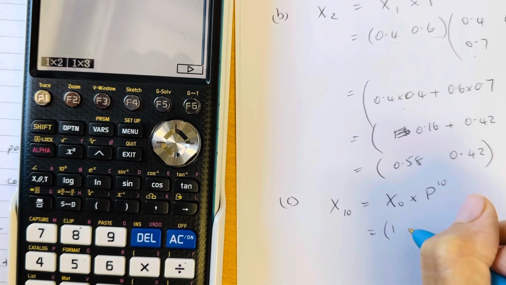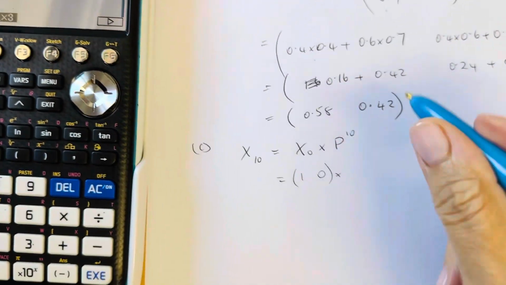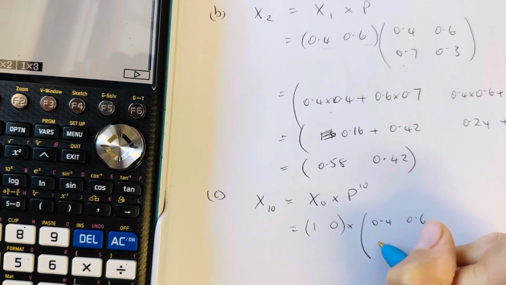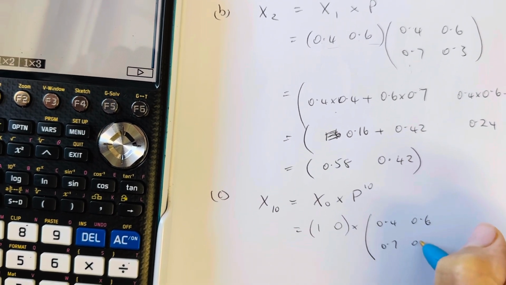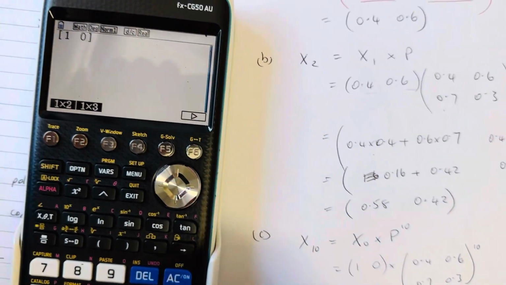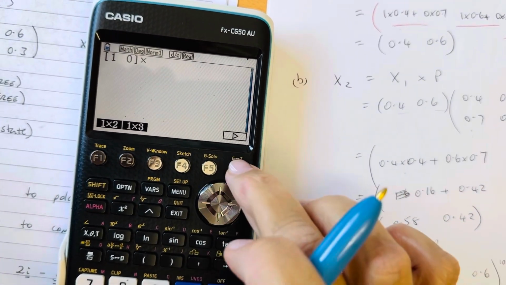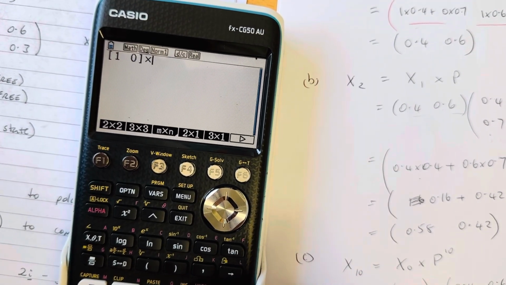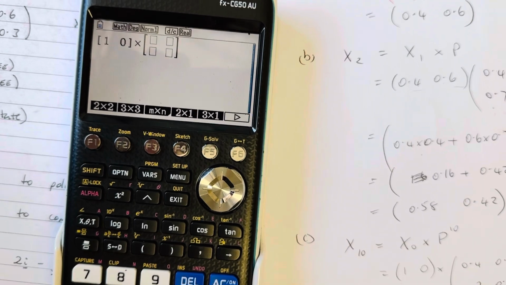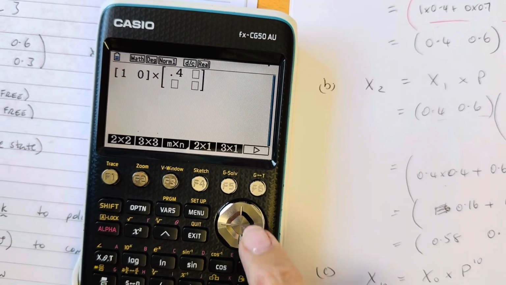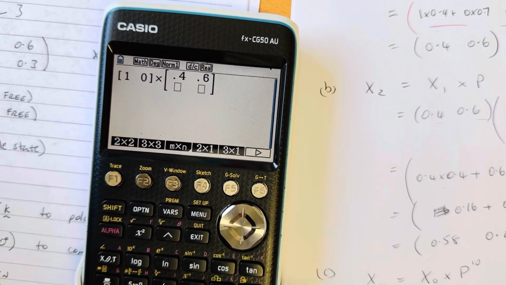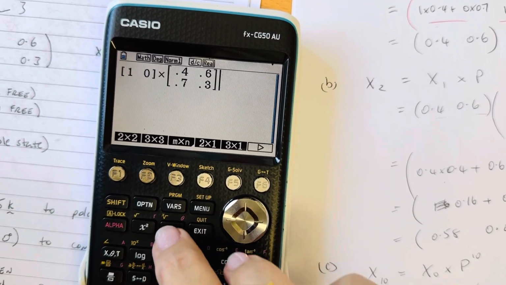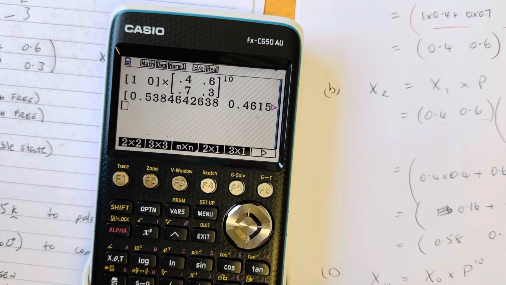1, 0 times [0.4, 0.6; 0.7, 0.3] to the 10th, times a 2 by 2, [0.4, 0.6; 0.7, 0.3], to the power of 10.